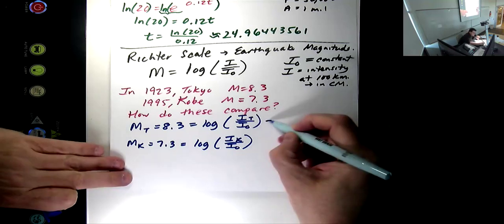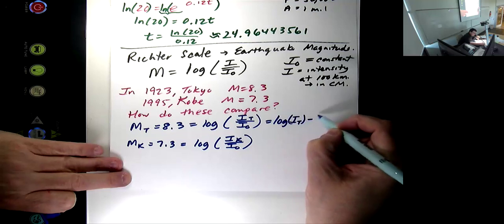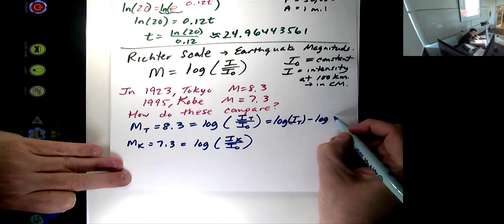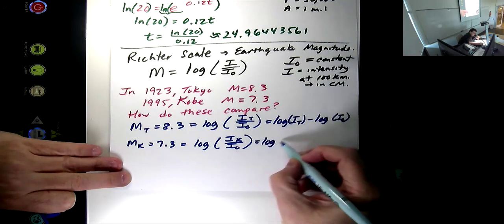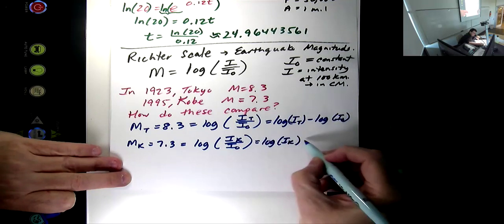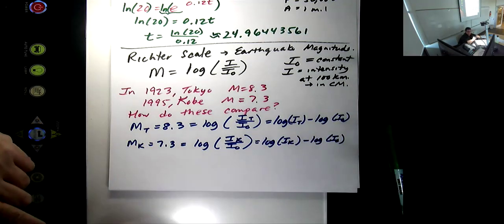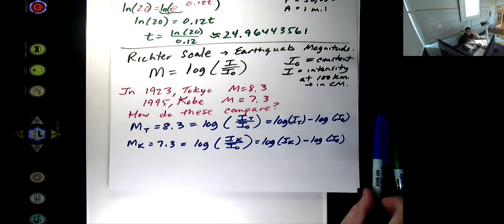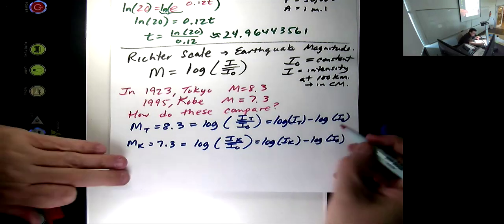And this is log IT minus log IO. And this is log IK minus log IO. And these two are the same.